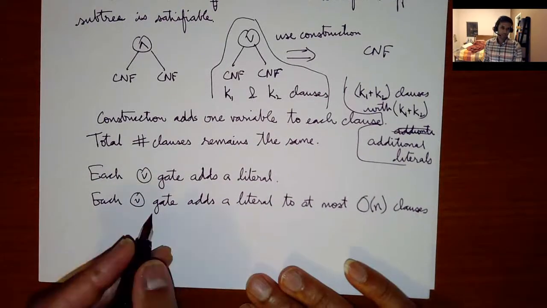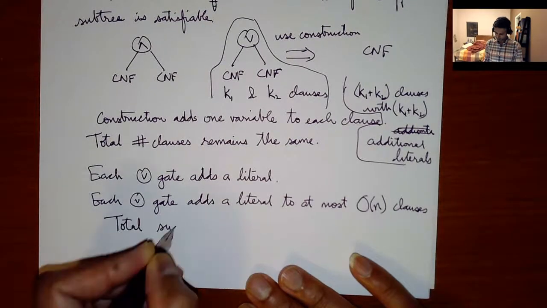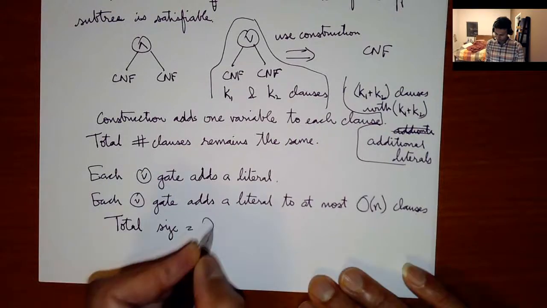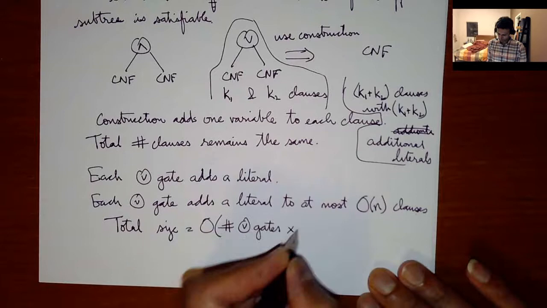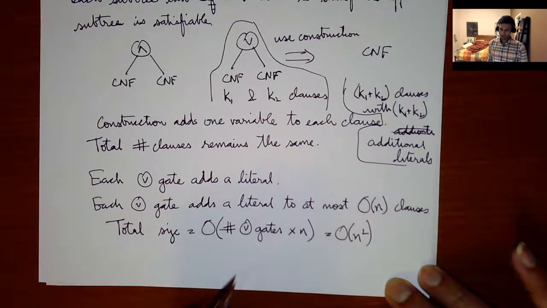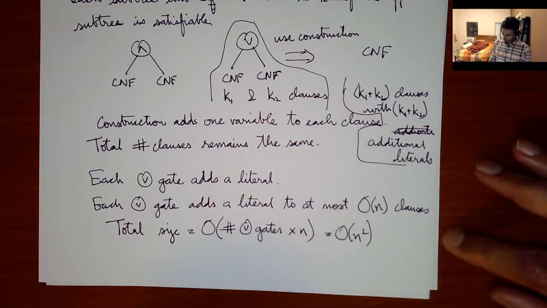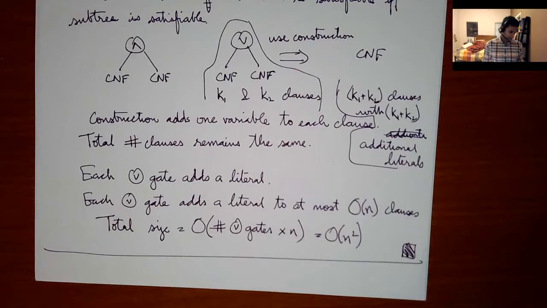And there are at most n OR gates, so the total size is O of the number of OR gates times n, which is O of n squared. So this is a polynomial time construction, right? And this gives the reduction from SAT to CNF SAT. So let me pause here and take any questions that you may have on this.